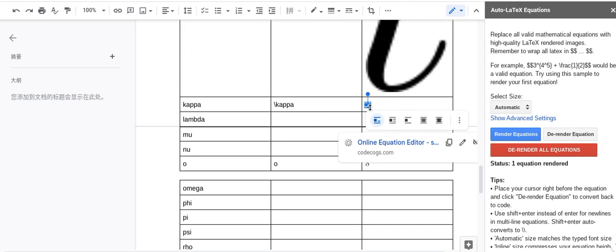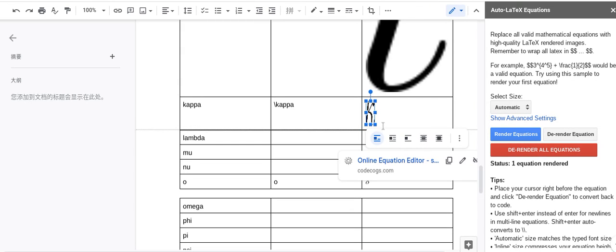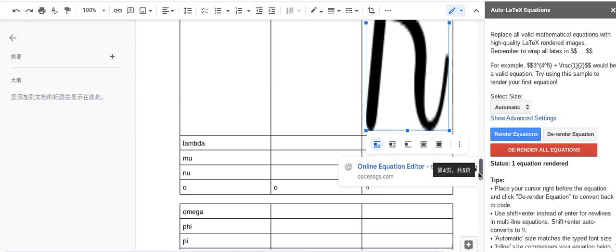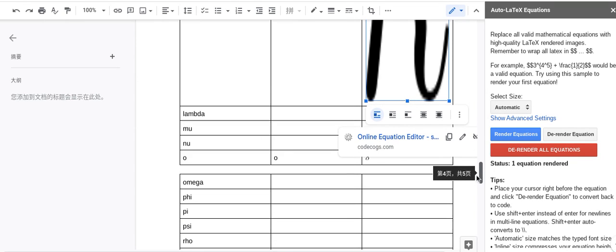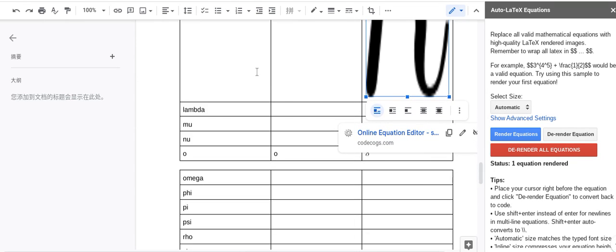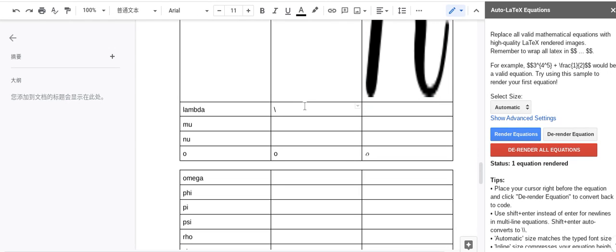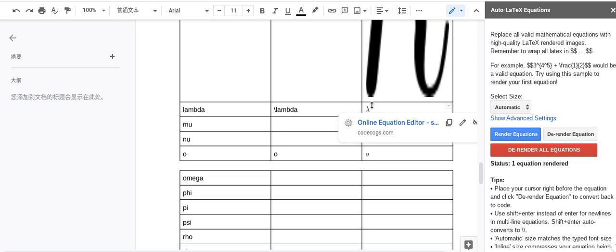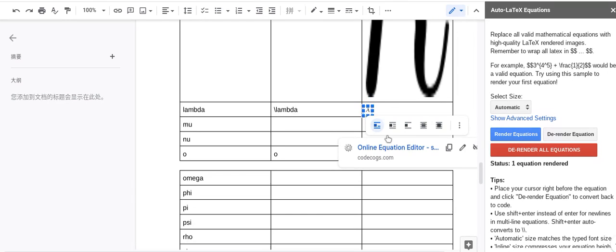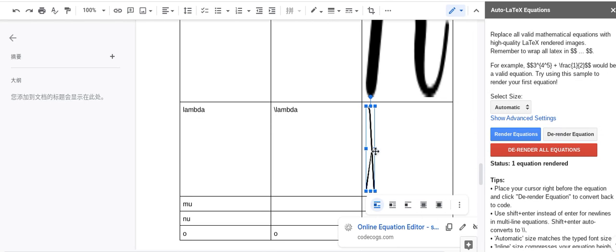So basically, kappa will generate something that looks very similar to a K. And then lambda. Basically, what you do is lambda, you do like this. It will be something like this. I don't know how to describe it.